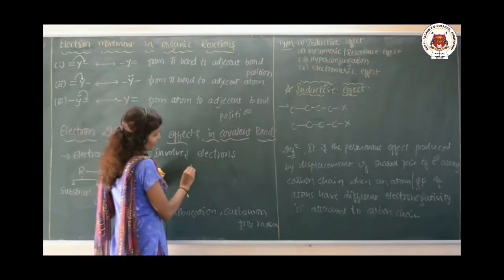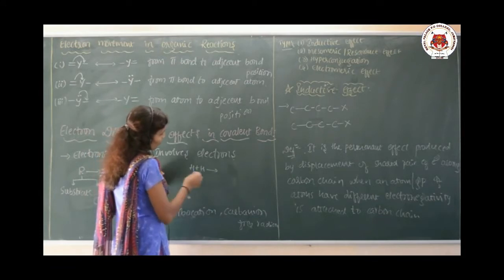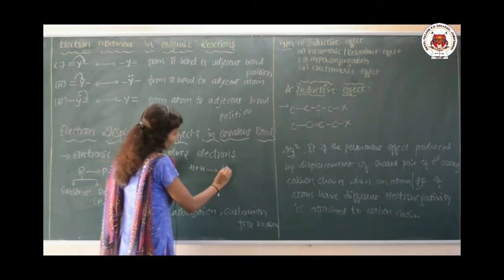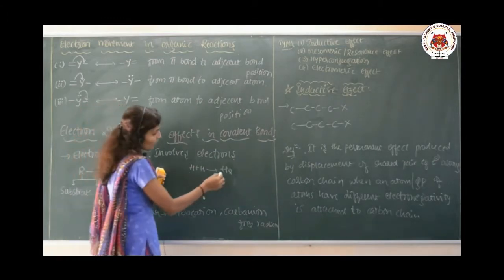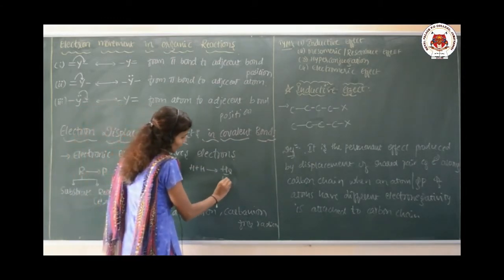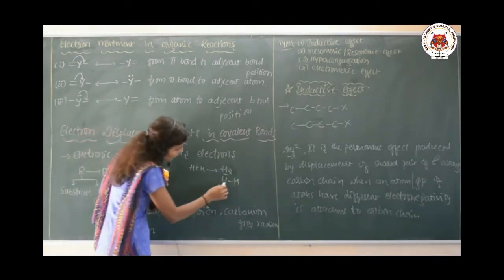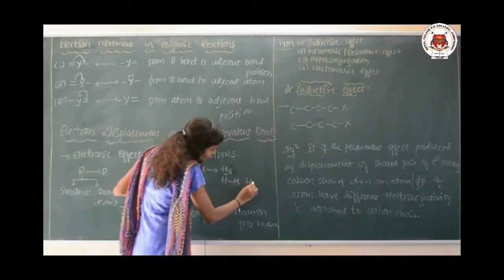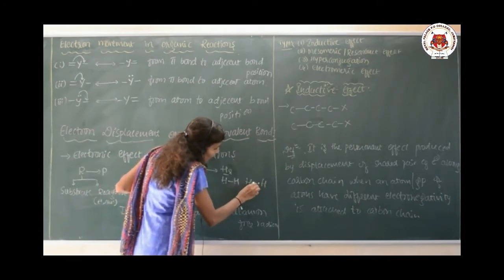So, let me take this one hydrogen, and this one hydrogen. When the two hydrogen atoms combine with each other, there is a formation of the hydrogen molecule, yes or no? So, shall I represent the H2 molecule like this? It indicates that this hydrogen contributes one of its electrons and this hydrogen also contributes one of its electrons.